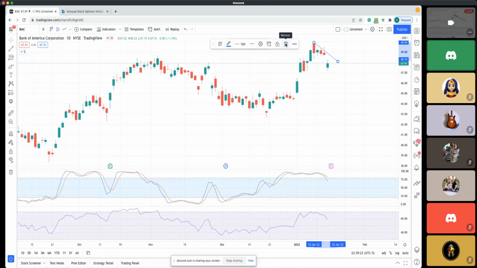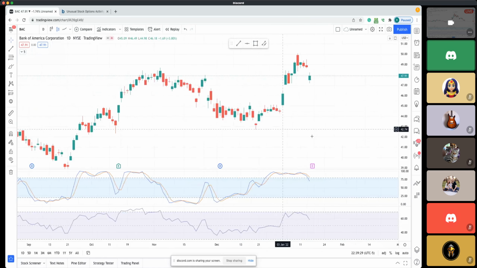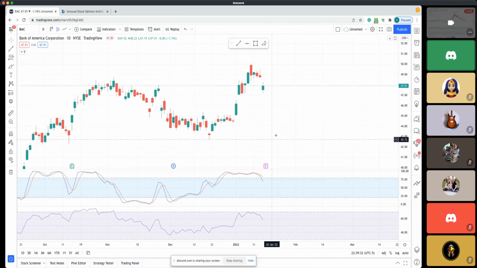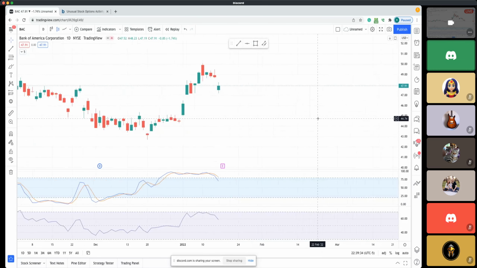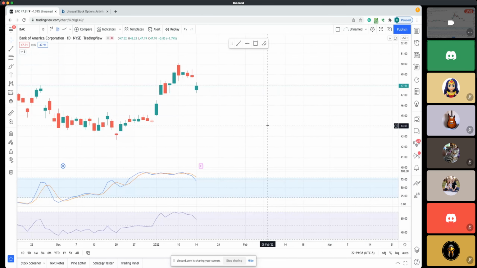But on a chart like Bank of America, I don't usually trade this, so I wouldn't have those lines there, and it's not important at this moment to do it the way that I'm looking at these options, right?